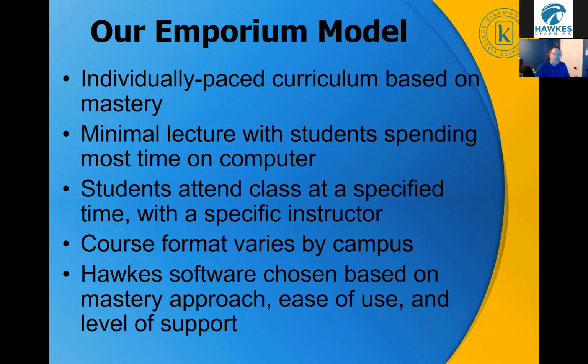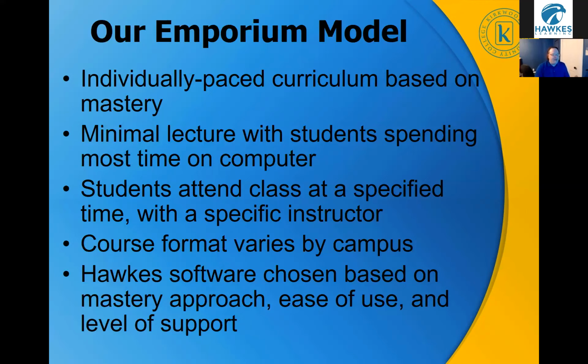So we use an Emporium model, where the idea with the Emporium model is that we have an individually paced curriculum, so students may move through it at different rates and spend more time working on some topics than others, based on mastery, which in our case essentially means that they need to get 80% on everything, the certified mode for each lesson in the software, and then on each test to move on.